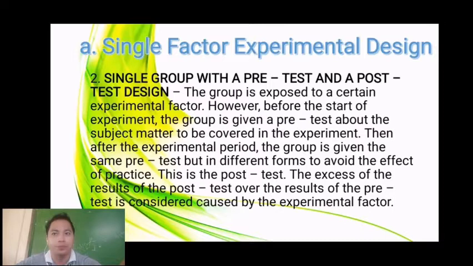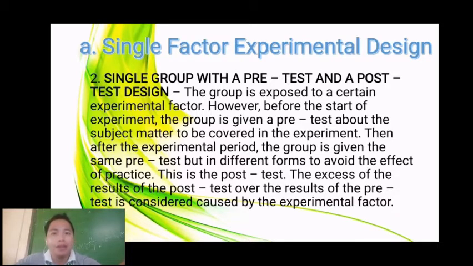Okay, number two, we have a single group with a pre-test and a post-test design. This group is exposed to a certain experimental factor. However, before the start of the experiment, the group is given a pre-test about the subject matter to be covered in the experiment.